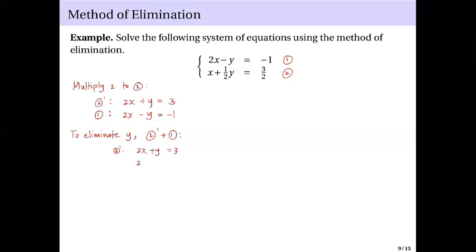And equation 1, it's originally 2x minus y equals 1 or negative 1. And then we are going to add them. So what will happen to this? 2x plus 2x, that's 4x. And then you have y minus y, that's just 0. And then here you have 3 minus 1. So 3 plus minus 1, that's 2. And we will get x equals 2 over 4 or x equals 1/2.